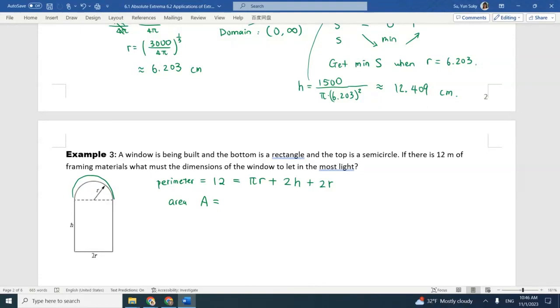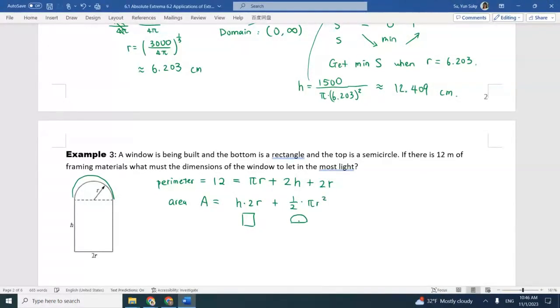Okay, what is the area? You see we have a rectangle and a half circle. What's the area of the rectangle? Yes, H times 2R. That's the rectangle. How about the half circle? 1/2, what's the area of a circle?